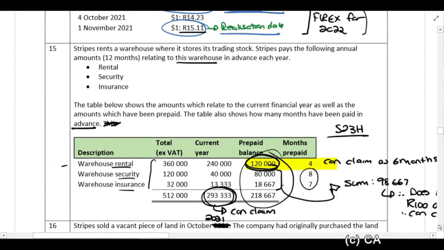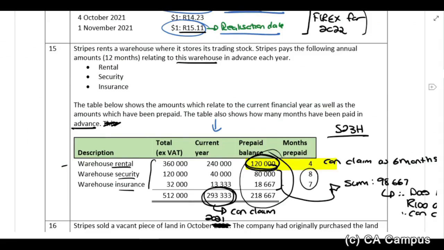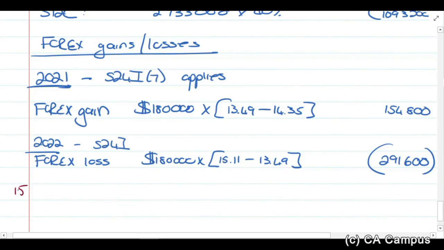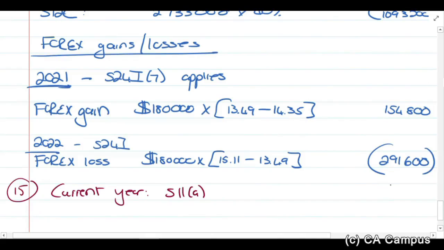Okay, then number 15. This is this warehouse information. The current year amount we can claim: current year, section 11A, 293,000, capital 3.